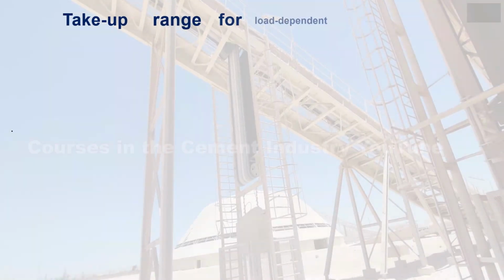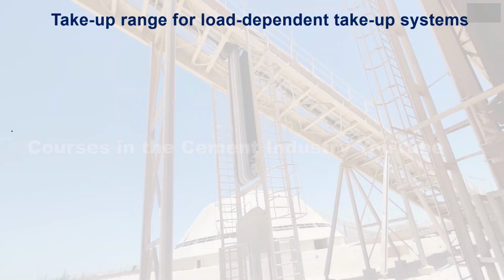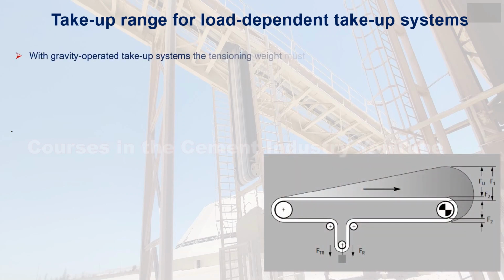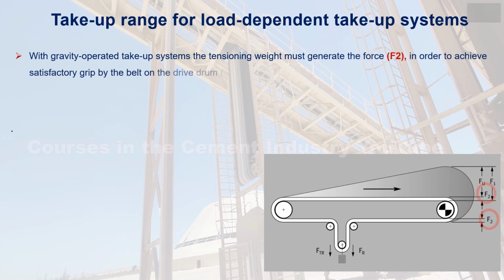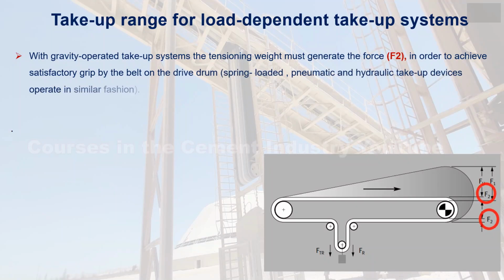Take-up range for load-dependent take-up systems. 1. With gravity-operated take-up systems, the tensioning weight must generate the force, F2, in order to achieve satisfactory grip by the belt on the drive drum. Spring-loaded, pneumatic and hydraulic take-up devices operate in similar fashion. 2.